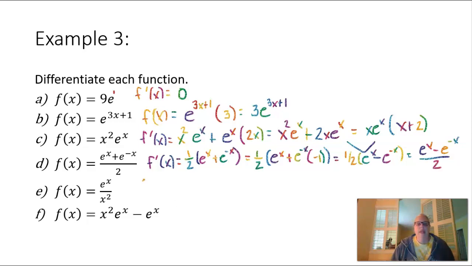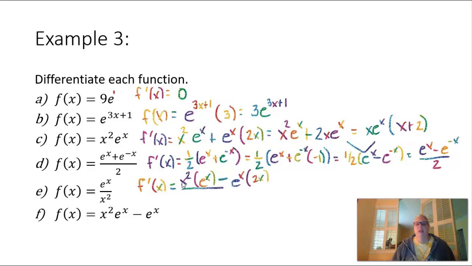For part E, we have e to the x divided by x squared. We're going to use our division rule here. The division rule is we want to do the denominator, which is x squared, times the derivative of the numerator, which is just going to be e to the x, minus the numerator, which is e to the x, times the derivative of the denominator, well, that's going to be 2x.